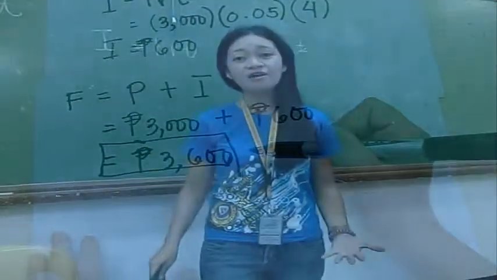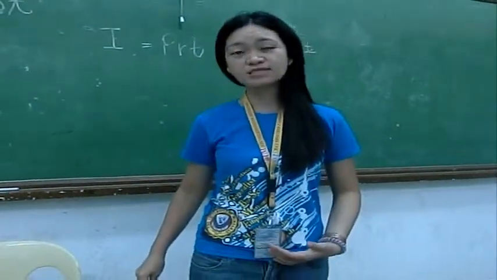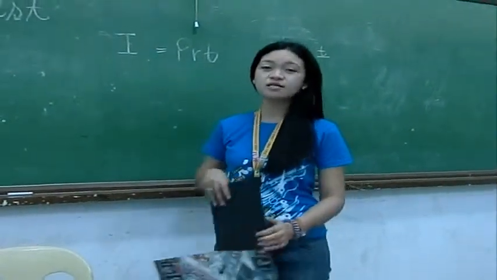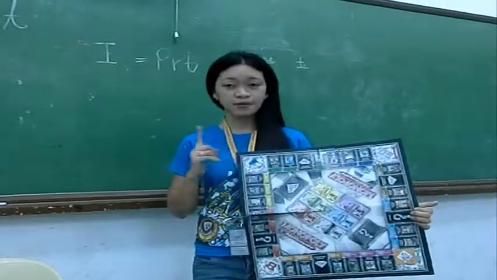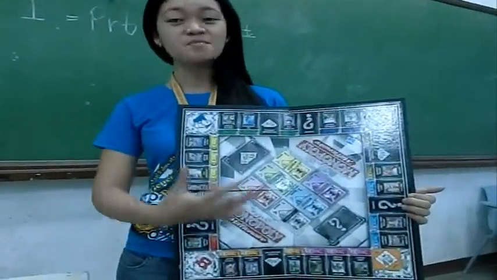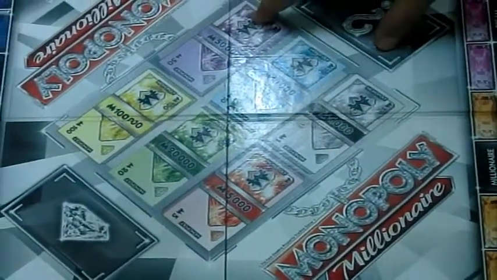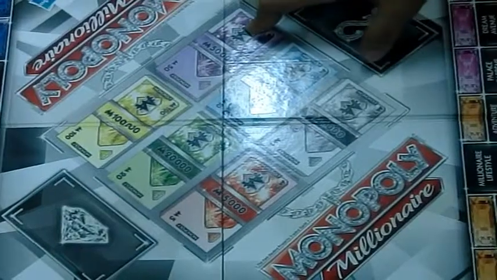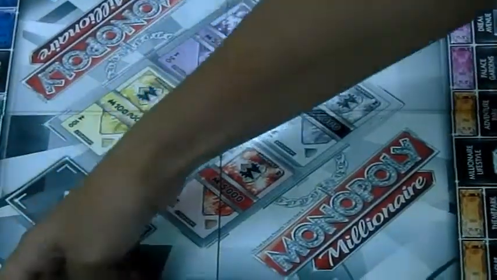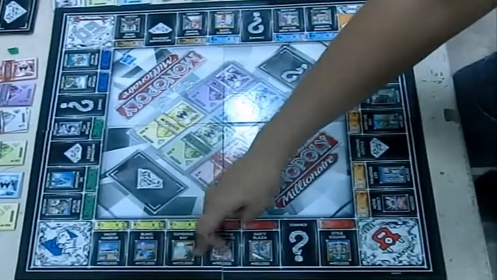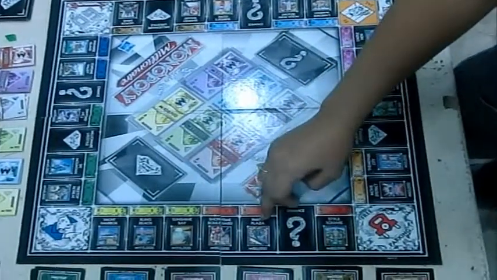Now, let's have another example in solving simple interest using the Monopoly game. But before that, let's first familiarize ourselves with Monopoly. Monopoly is a board game played by 2 to 8 players. It is played on a board with spaces.